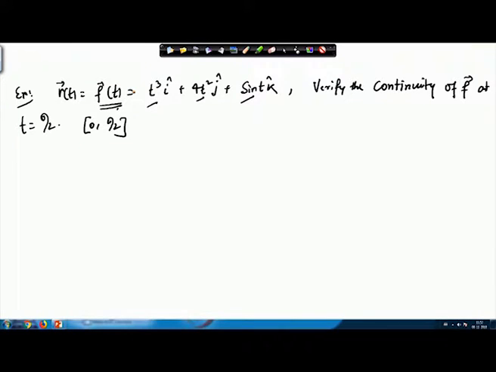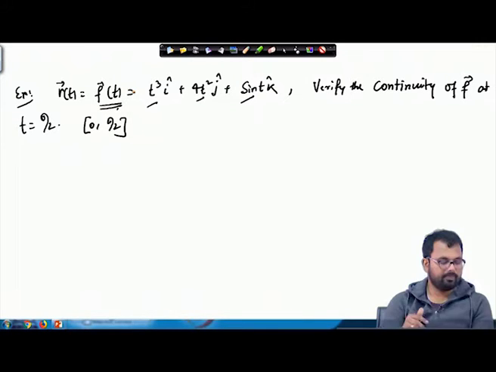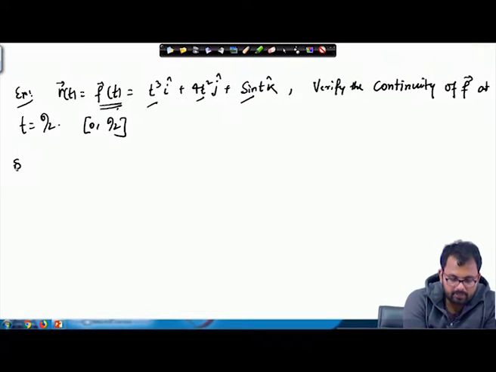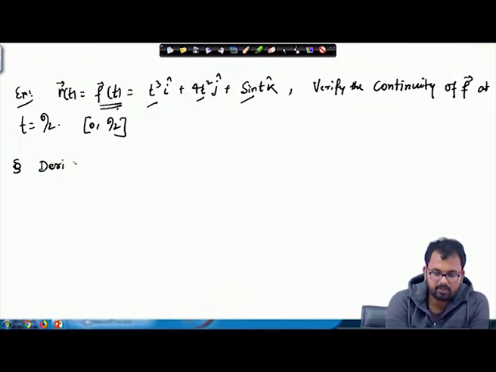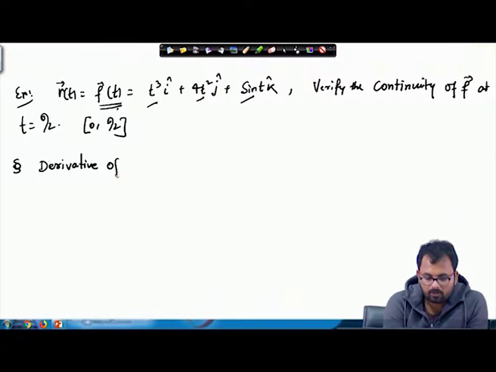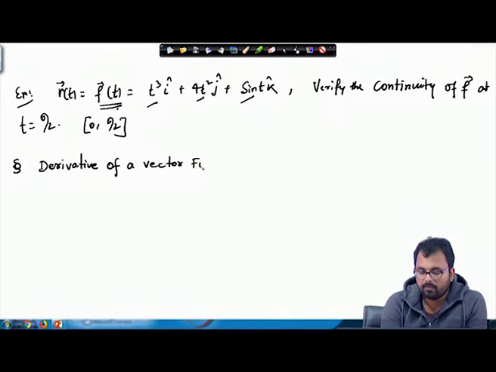Now we will define the differentiability, or derivative, of a vector function.